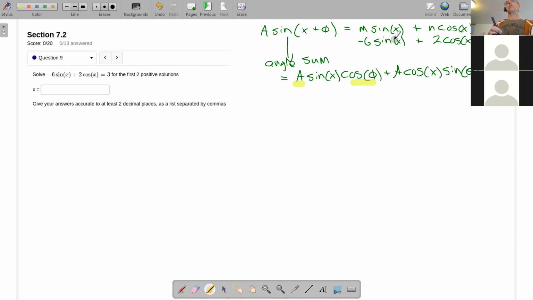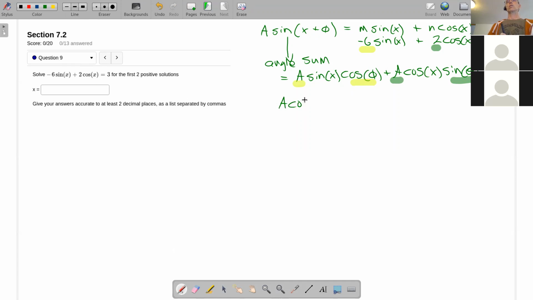Since there's a sine here and a sine there, then they have to equal -6. And then the a and the sine of phi are constant in this part, so that has to match this 2 here because they both have a cosine x in it. So that was our second step in doing this.